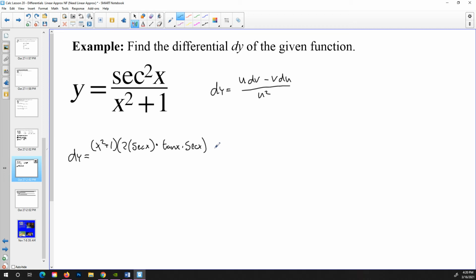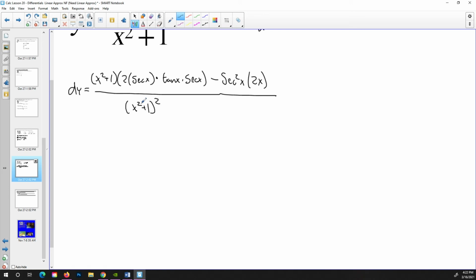And then we're going to subtract the top function left alone times the derivative of the bottom function, which will be 2x all over x squared plus 1. Now, the only simplification that I really see here, since this is a term and this is a term, is to simplify that.